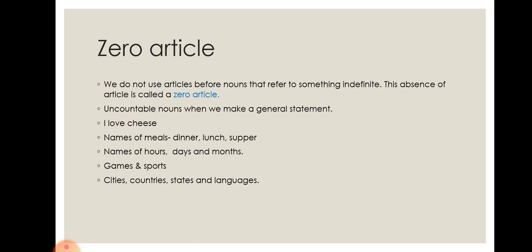Languages, when we say I know English, I know Malayalam, or I speak fluently English, Malayalam, Hindi, and Arabic or Tamil, you need not say the English, the Malayalam, the French, or the Tamil. No need. But when we use the, the reference goes to the people of that nationality.